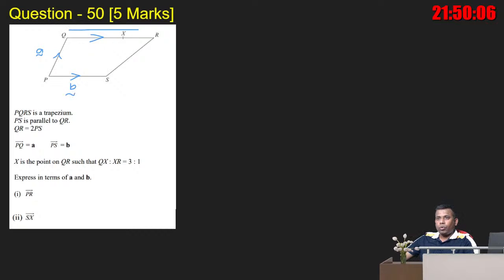So now Q to R vector is twice the P to S vector, right? So 2 times P to S vector, which is B. So QR is 2B vector, right? So we have that one in hand.